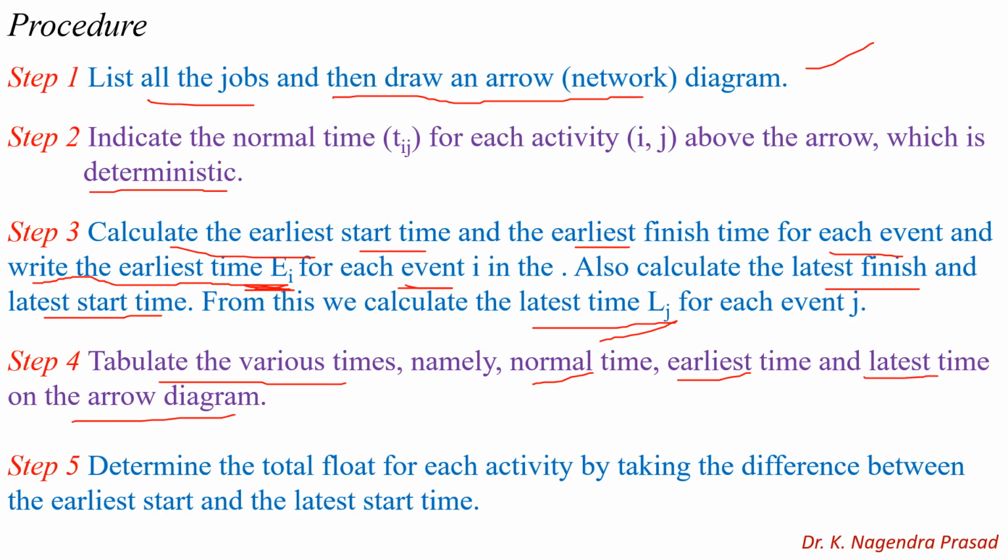So the fourth step is to tabulate all the times. The fifth step is to determine the total float for each activity. We know total float is the difference between the earliest start and the latest start time.